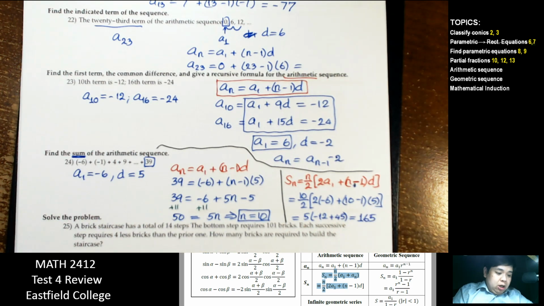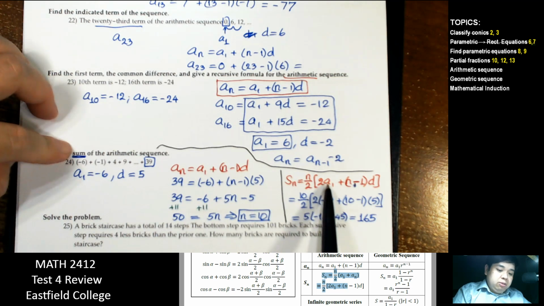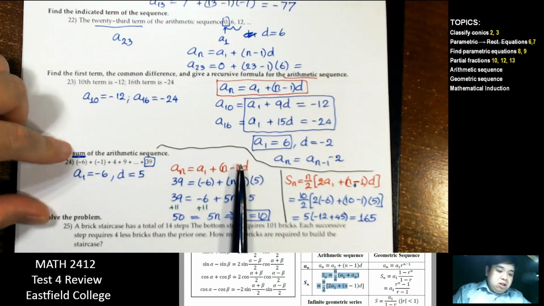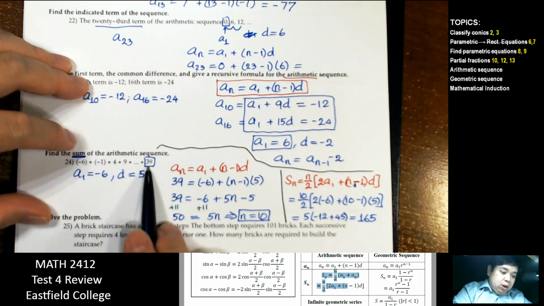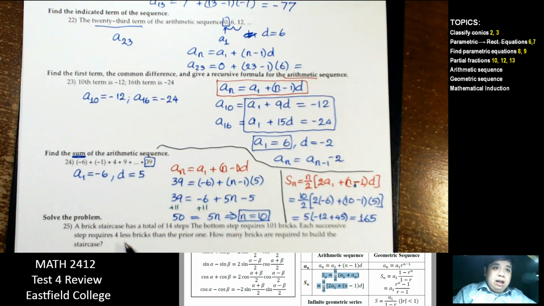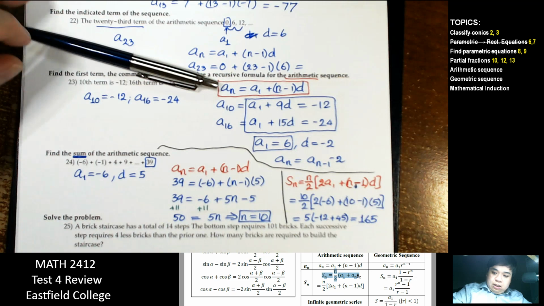Right. So for the sum, we need the number of terms, the first term, and the difference. If we do know the last term instead, we can also use the first term plus the last term. I mean, we use this first formula. That also works. I'm going to write it over here instead.